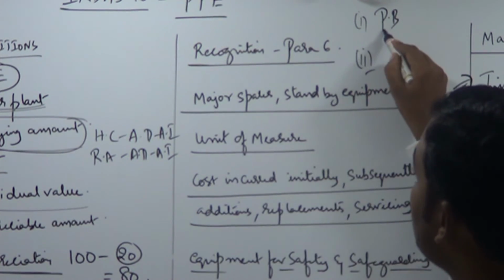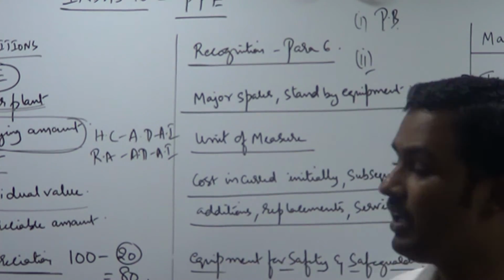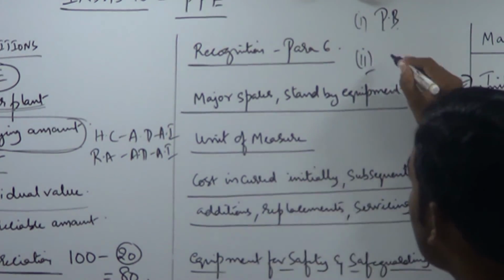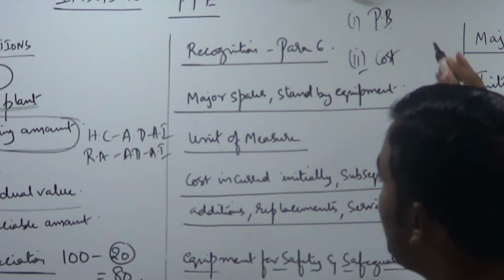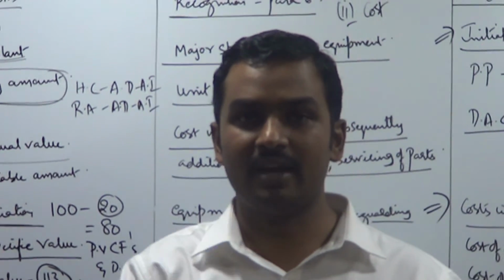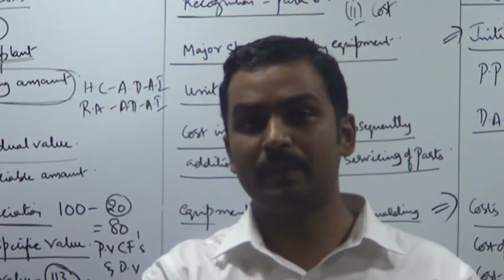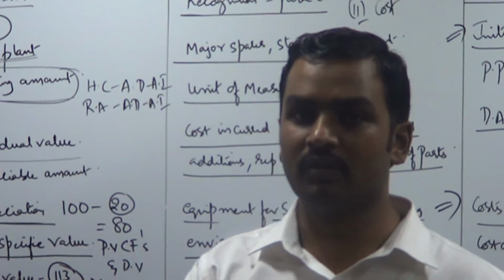So there should be a probability of benefits. Second, the cost of the asset should be measurable reliably. You should be able to measure the cost of the asset reliably. When these two conditions are satisfied, an expenditure can be recognized as an asset in our books of account.